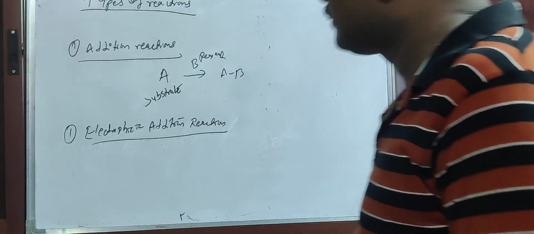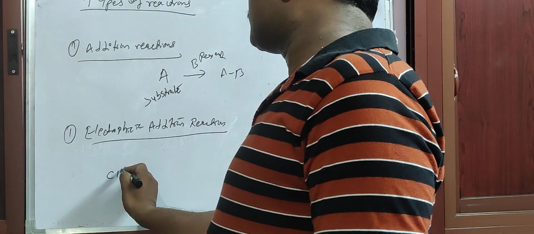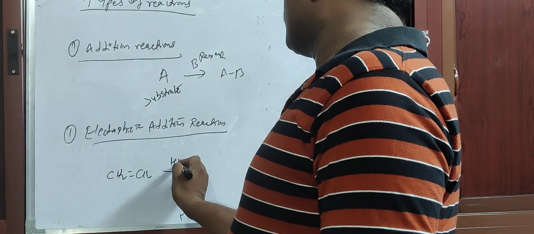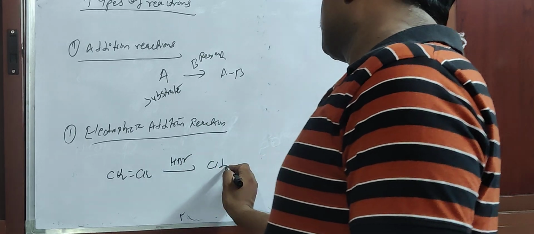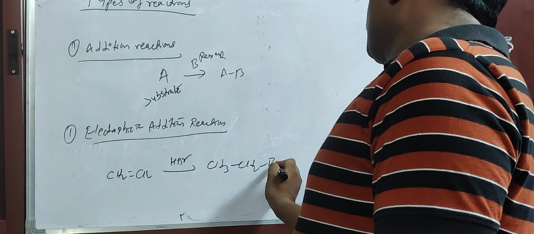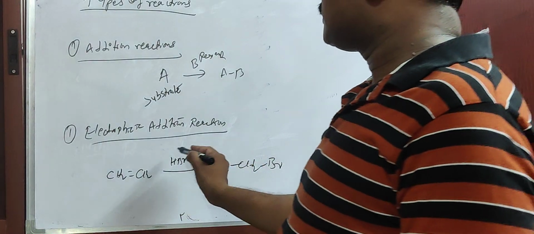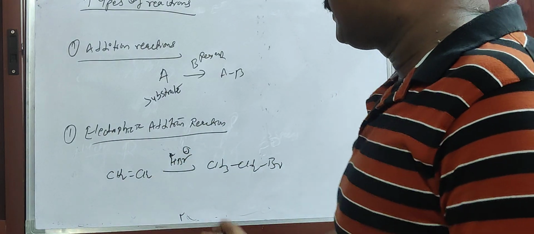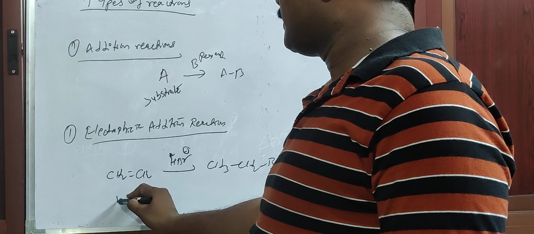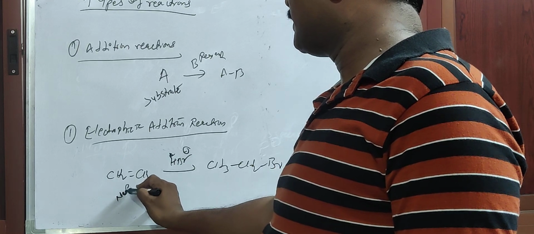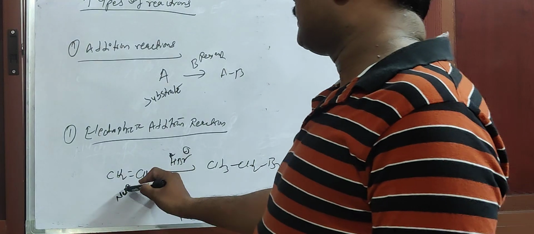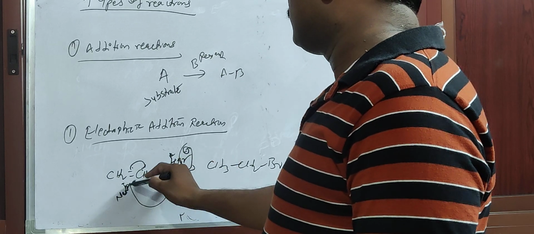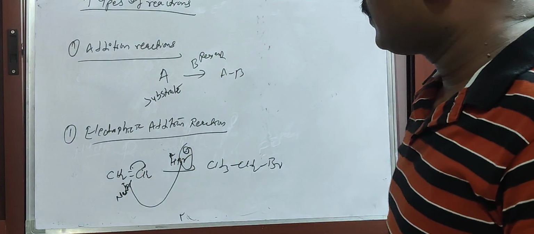In this case, we take, for example, alkene CH2 double bond CH2. It reacts with HBr. It will form CH3CH2Br. This has H plus and Br minus. This alkene acts as a nucleophile, approaching the electrophile H plus.